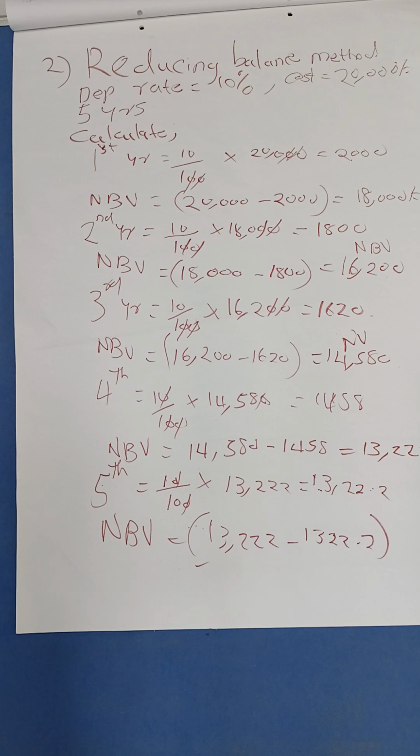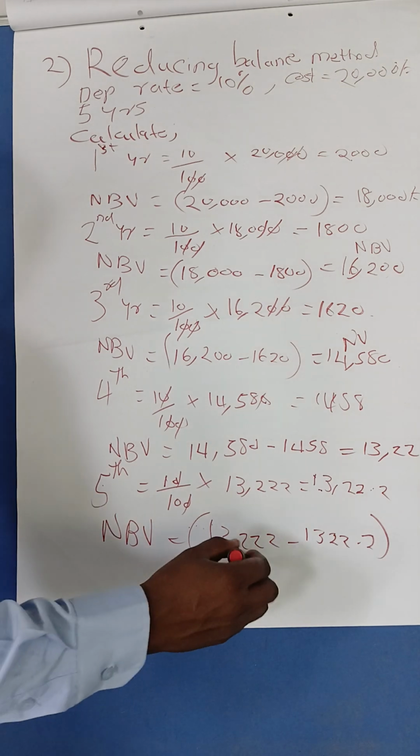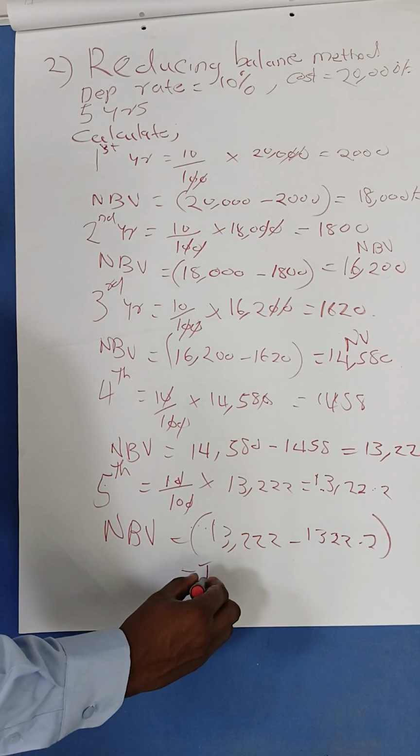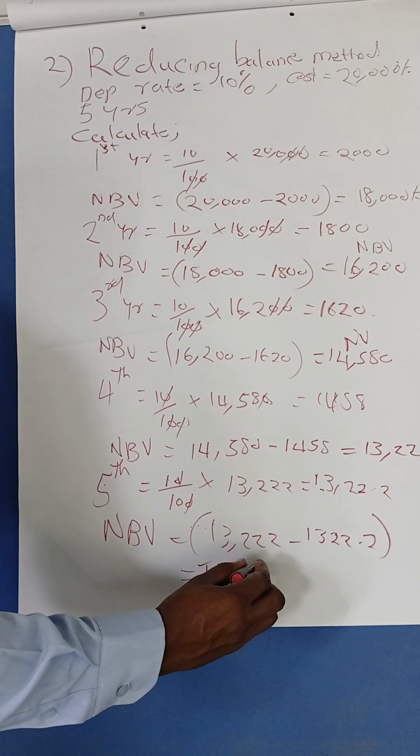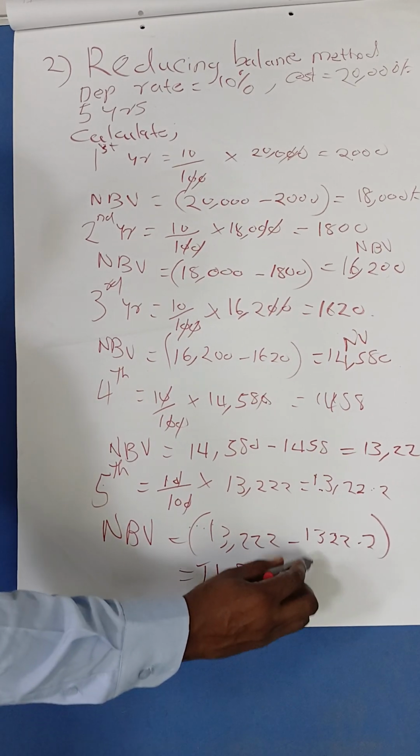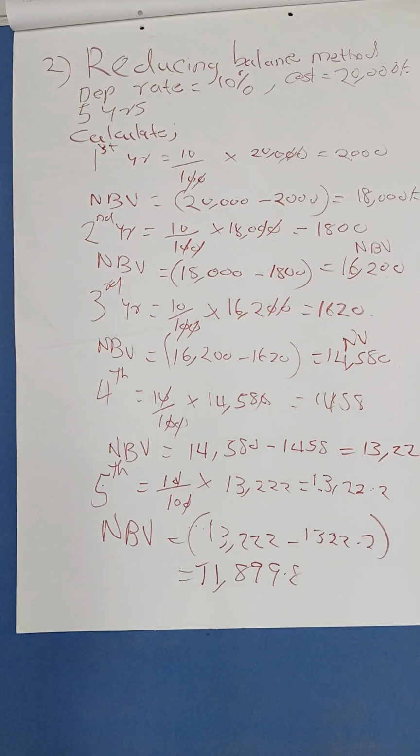13.22.2. So we'll have 11,000. So the new book value after 5 years was 11,899.8. You see, it keeps changing.